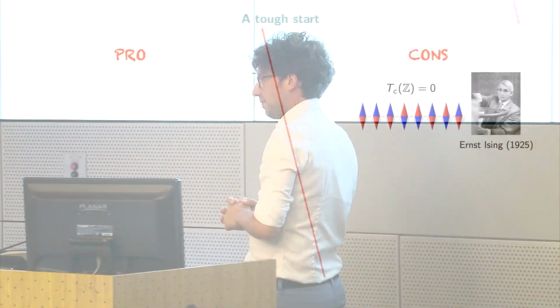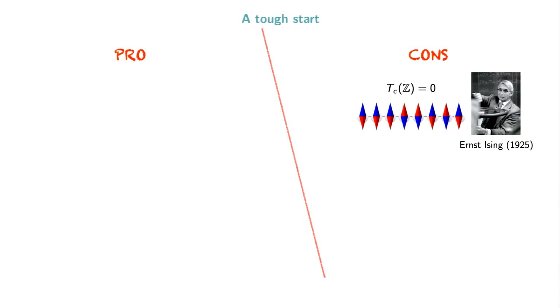So Ernst Ising introduced, or at least the Hamiltonian, worked on the one-dimensional case, which is basically a very simple exercise by modern standards. You can really give that to an undergrad, and it's not so difficult to see that, well, on Z, the critical temperature is 0.